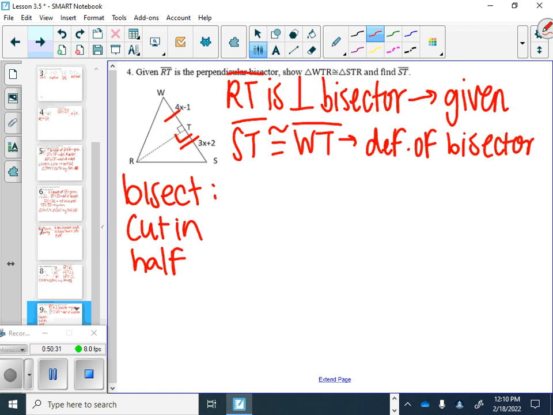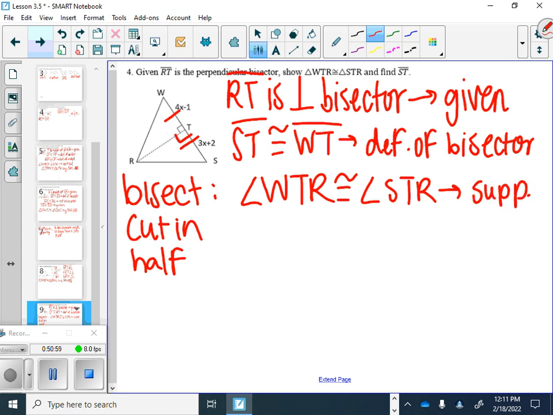Nope, you're right. Okay, this is a straight line. So if I name these angles, angle WTR is congruent to angle STR, and we can just say supplementary because it's a line. So I can say those are supplementary.